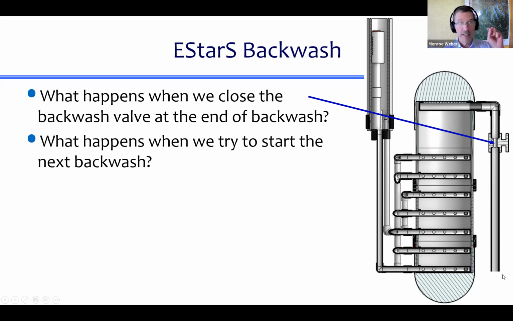So there's enough head or potential energy or elevation difference available to fluidize the sand bed. So if this air fills this pipe, we can't backwash. It fails. We cannot get backwash to start.